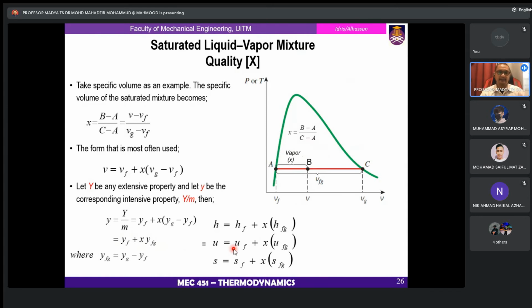Then we take specific volume as an example. I don't want to take enthalpy H, internal energy U, etc. We just take specific volume.